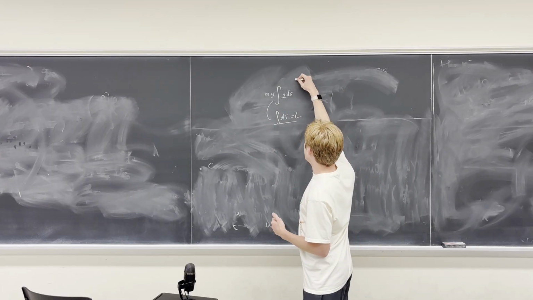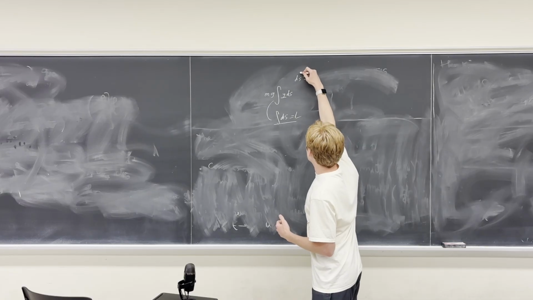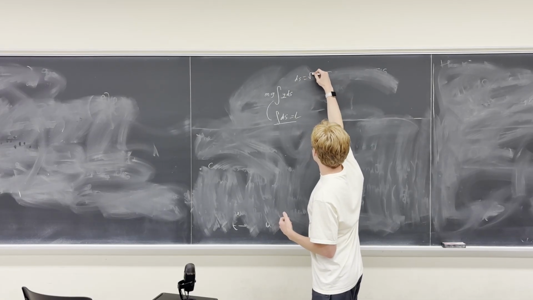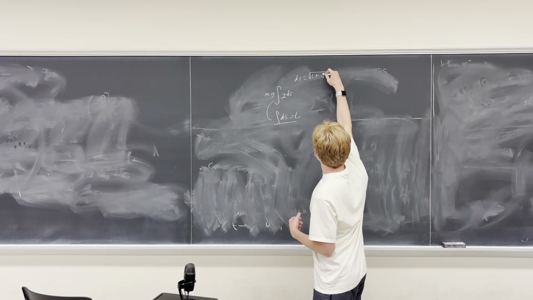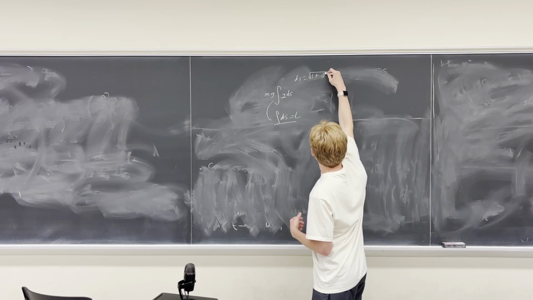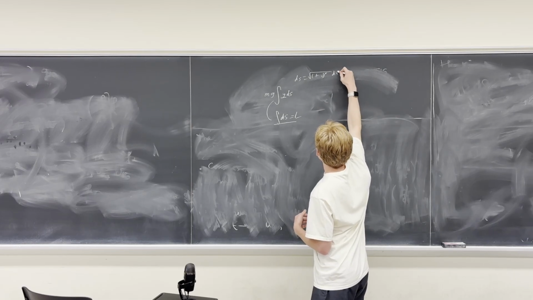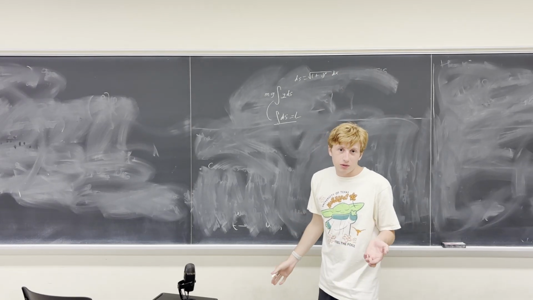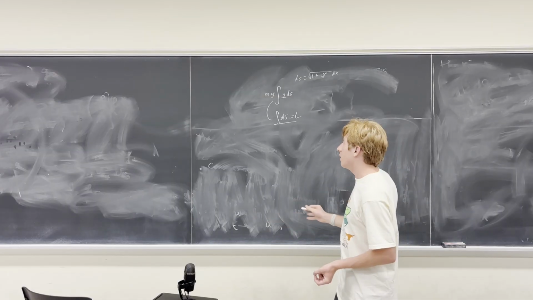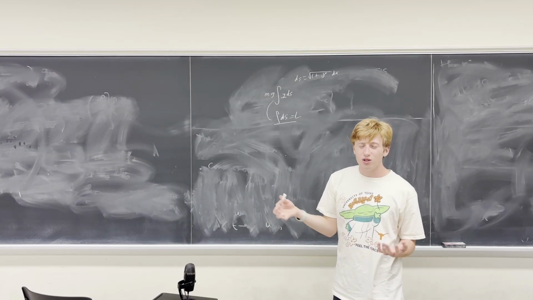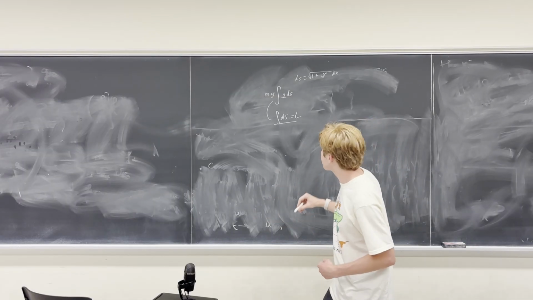It should just be noted that ds is equal to the square root of 1 plus y dot squared dx. I know the dots are typically reserved for time derivatives, but I don't want to be writing prime squared. It just looks weird, so I'm going to be using the dot.